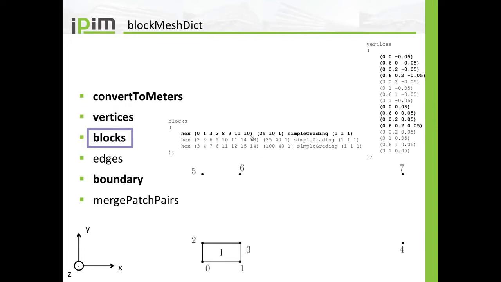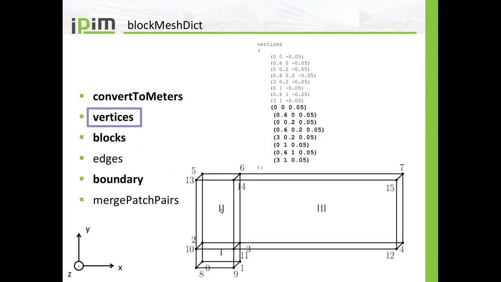The first hex is made up by these 8 numbers, which represent the coordinates with these values. So the first block is made up by vertex number 0, 1, 3, 2, and 8, 9, 11, and 10.